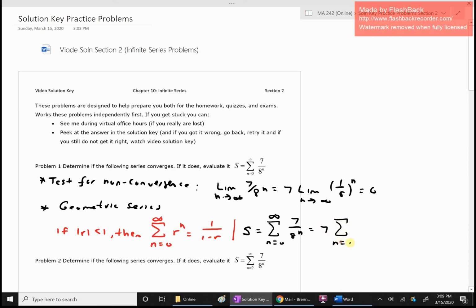And then I can put the remaining terms as the sequence 1 over 8 to the n. I'm starting at n equal to 0, so now I can apply this formula. So here my r is equal to 1/8.